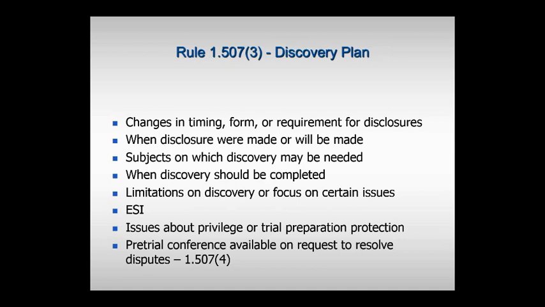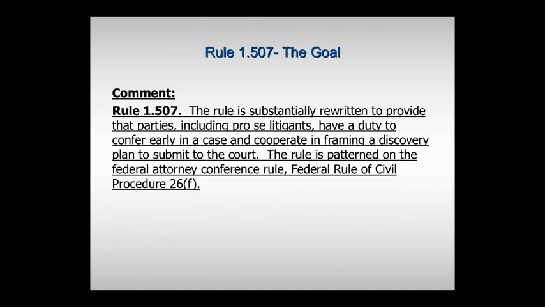But the net result of your discovery conference is the preparation of the scheduling and discovery plan that have to be filed with the court. And I thought that it would be helpful to see this comment. The point that the court is making here is that it wants parties and counsel to confer early and cooperate in framing a discovery plan so that the case can proceed in an orderly fashion.